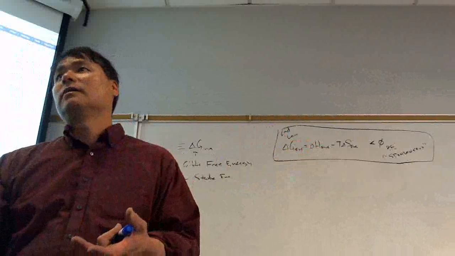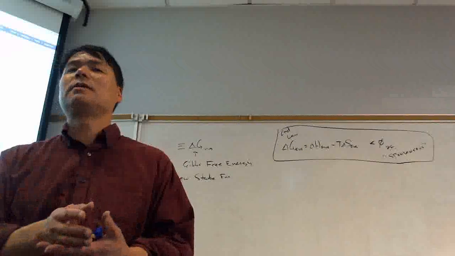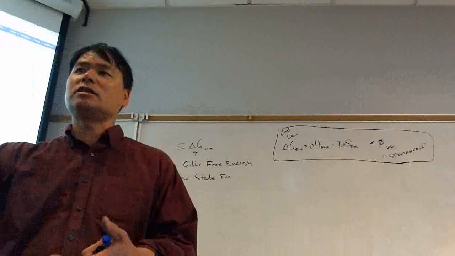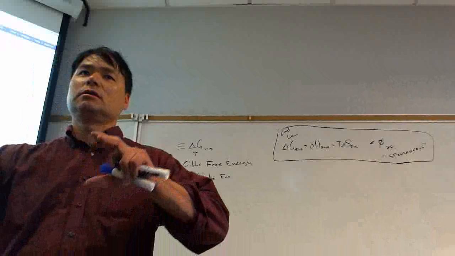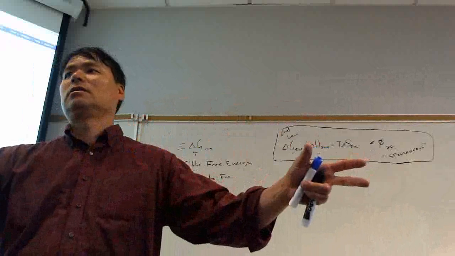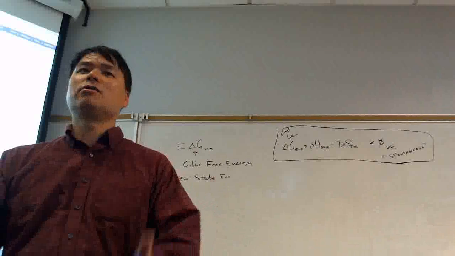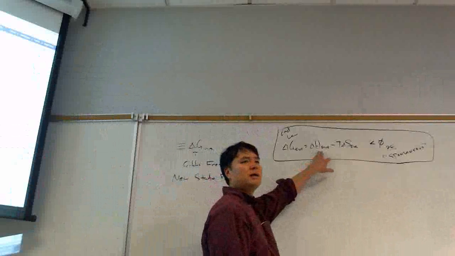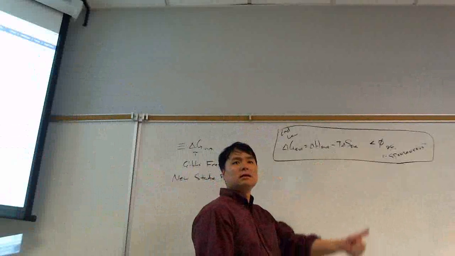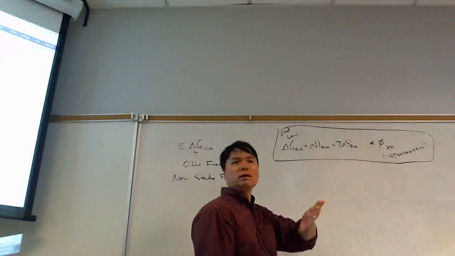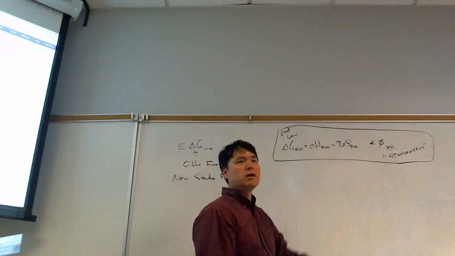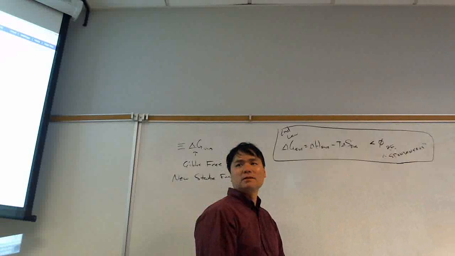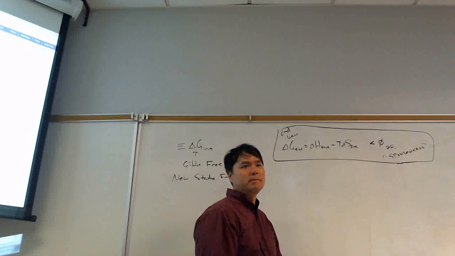But if delta H is endothermic, that means we're going from chemical potential energy into heat, which means that the entropy's got to be going up. And so when we see delta H endothermic, that means the entropy is increasing for the surroundings, for sure. Does that make sense? No?